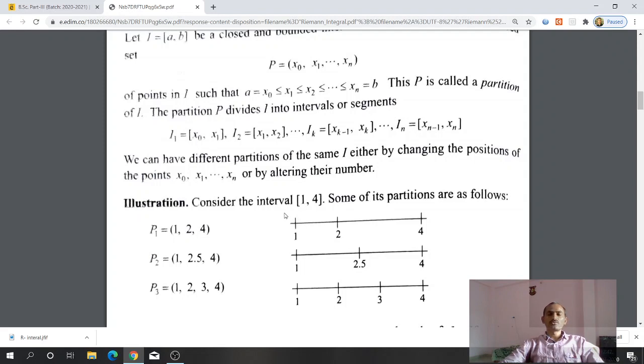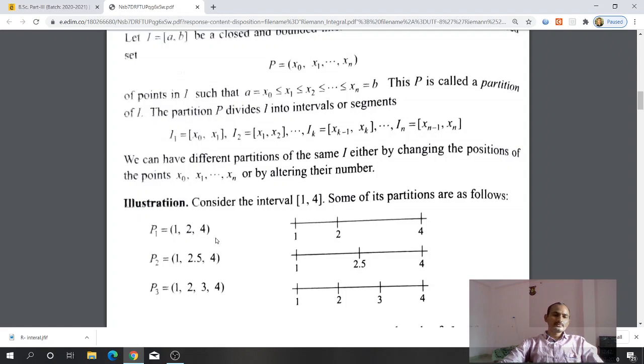Consider the closed bounded interval 1 comma 4, and let's have some partitions of this interval. P1 is your first partition, P2 is your second partition, and P3 the third.